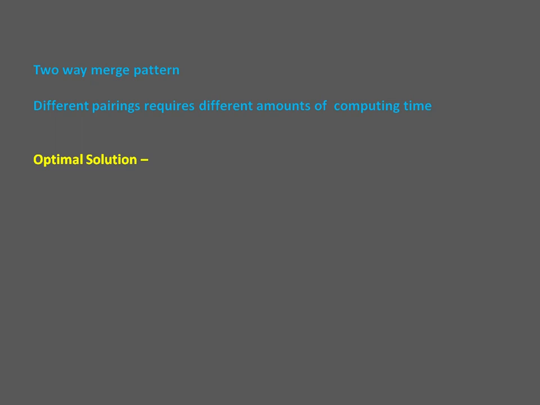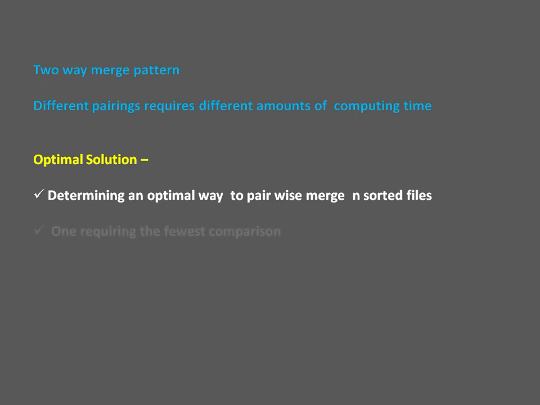The optimal solution is determining an optimal way to pairwise merge n sorted files, where optimal way means we will require the fewest comparisons. So when we sort n files, the optimal way will be the one which requires fewer comparisons.